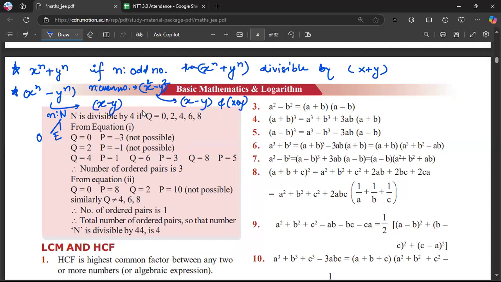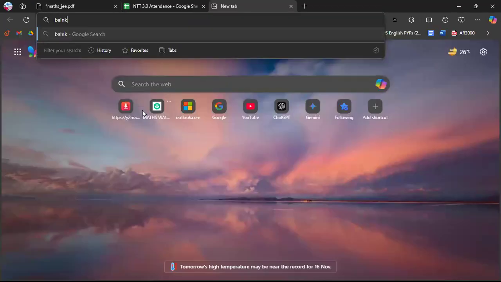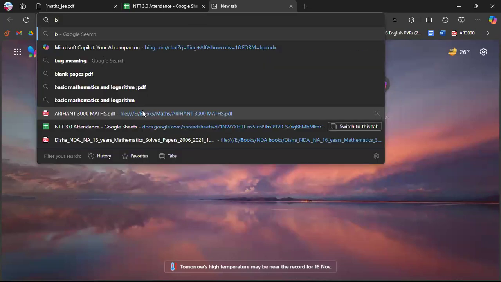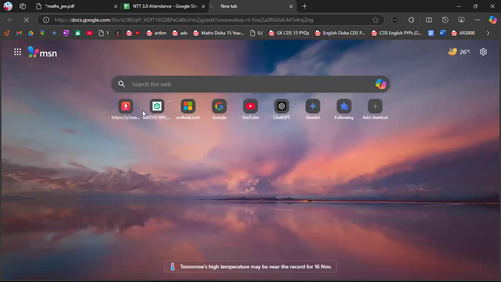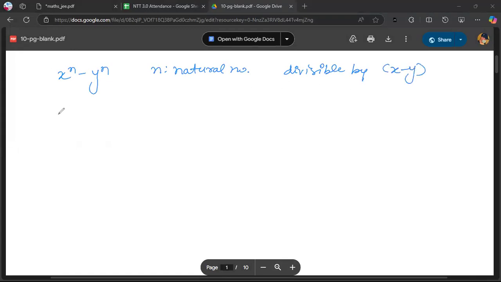Let's take an example. So it was given that if n is a natural number, then it will be divisible by x minus y.